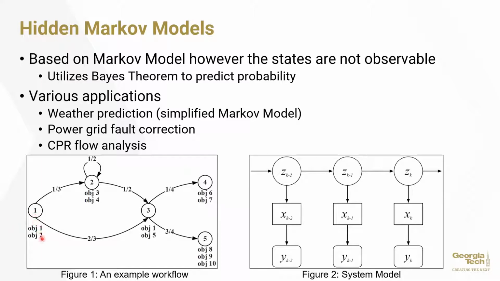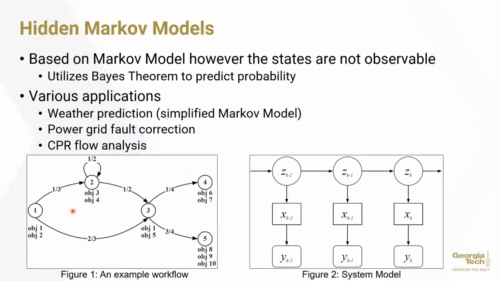So object 2 could be the word airway. And then we have the probabilities of transitioning from state 1 to state 2, which is 1/3, and state 1 to state 3, which is 2/3. And so the system is able to utilize both the state transition probability and the observed object data to best determine which state it will transition into.